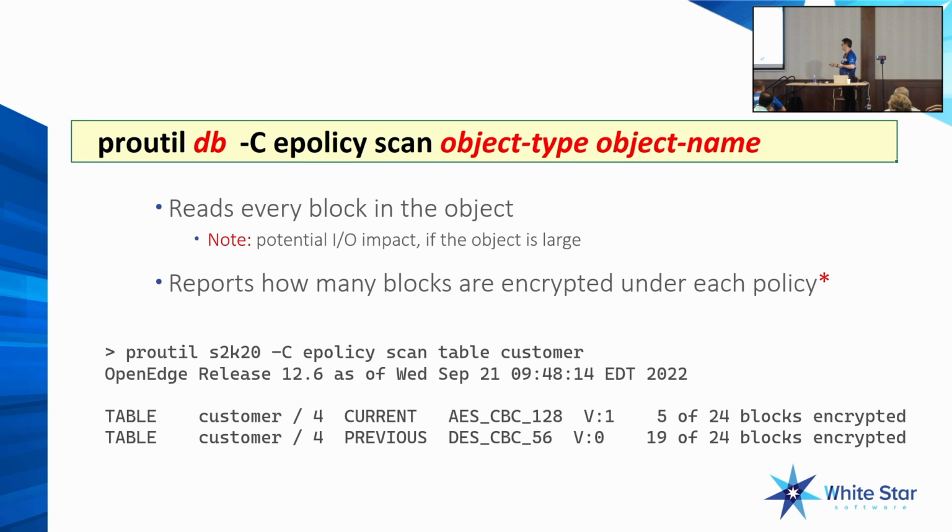It's got a current policy of AES 128, a previous policy of DES, and this tells you how many blocks there are and how many are encrypted under each cipher. There's an asterisk I put there because it's stretching the truth a little bit. As I said on an earlier slide, not all blocks get encrypted, but it's fudging that, and it's making the numbers add up to every single block in the object, even though it's not actually doing that. Anyway, the ones that need to be encrypted are encrypted. That's the point.